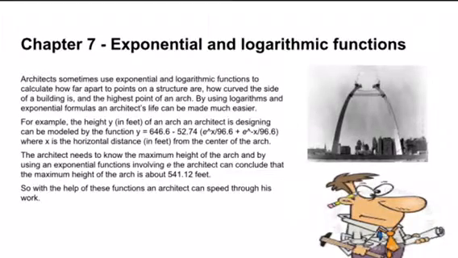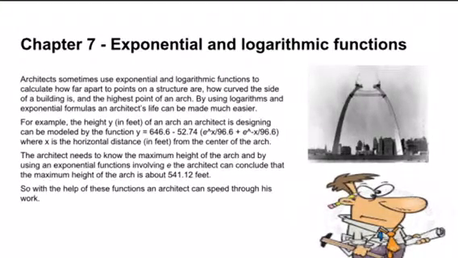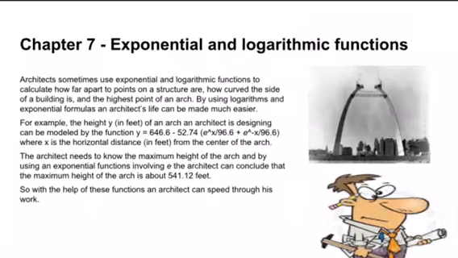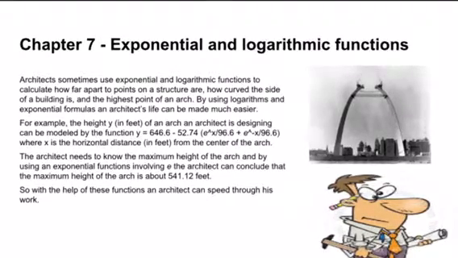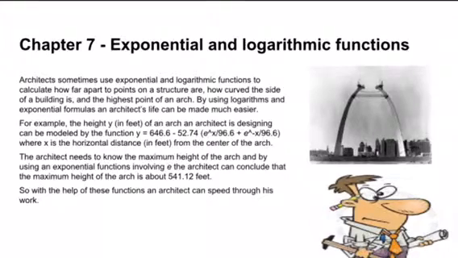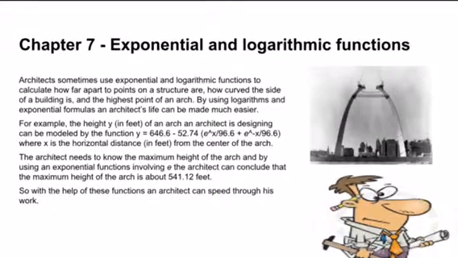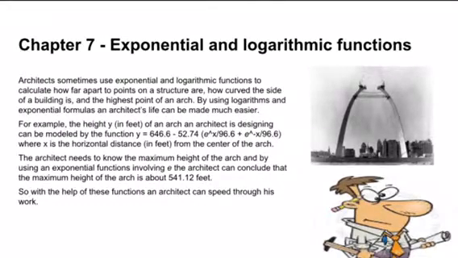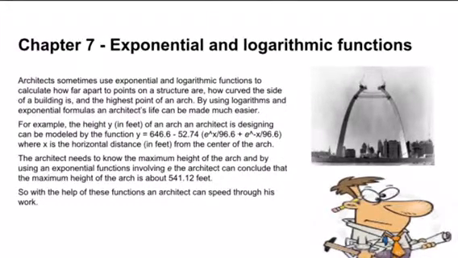The architect needs to know the maximum height of the arc, and by using an exponential function involving e, the architect can conclude that the maximum height of the arc is about 541.12 feet. So with the help of these functions, an architect can speed through his work.